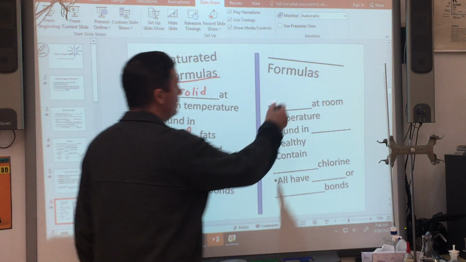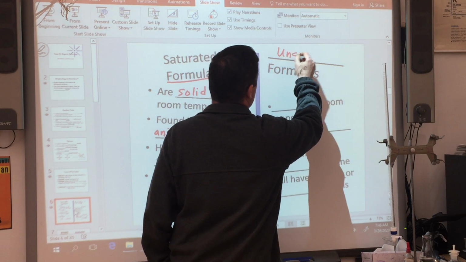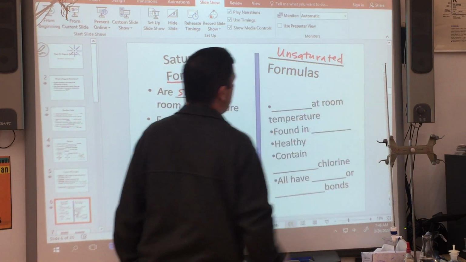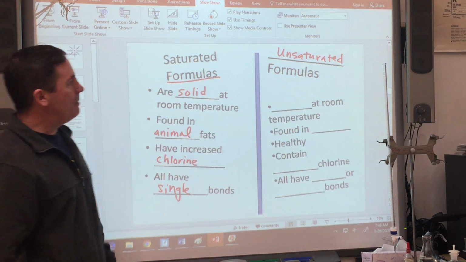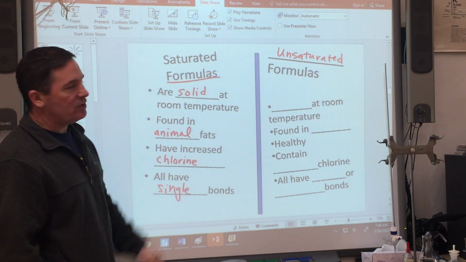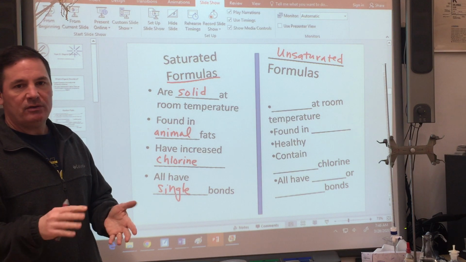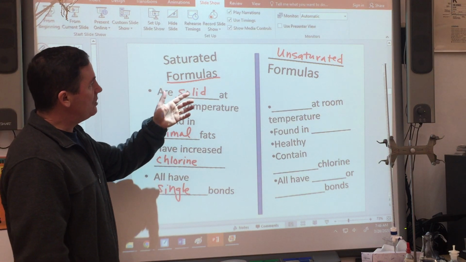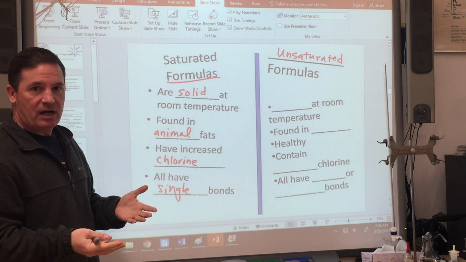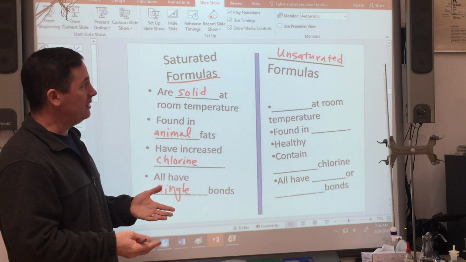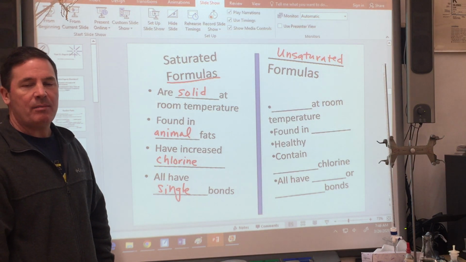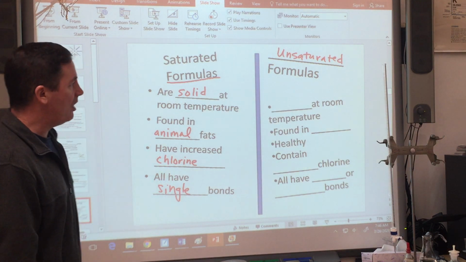The other type is unsaturated formulas. And the way we can remember this is saturated means completely full, like something is saturated with water. Unsaturated means there aren't as many as you could actually fit on here. So the saturated part that we're talking about is the number of hydrogens that can fit on the carbons.